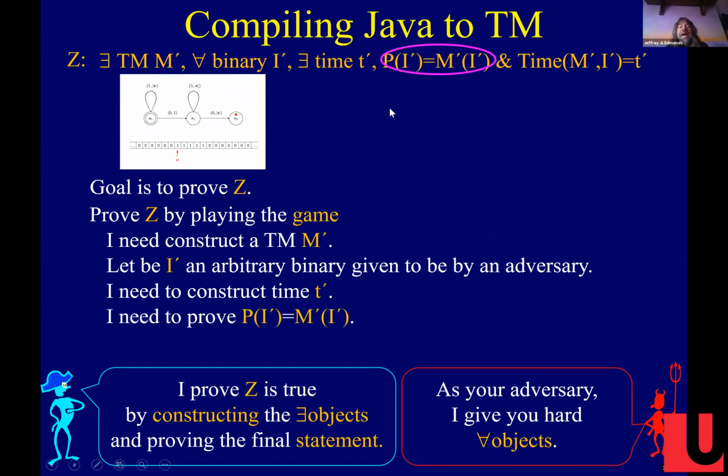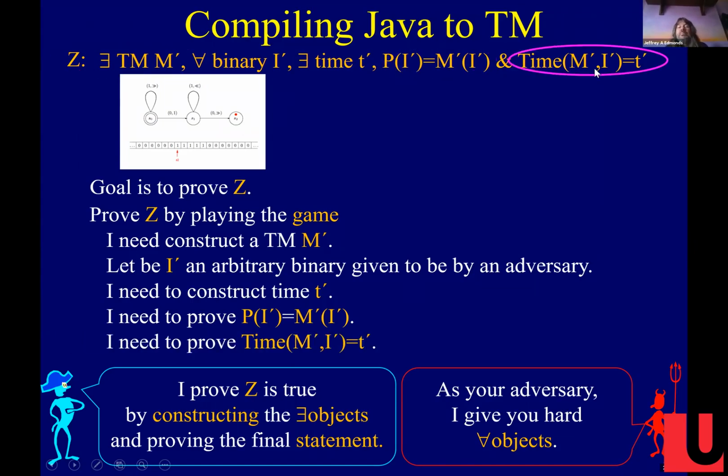And then we have to prove that the answer our Turing machine gives on this input is the required answer for the problem. And we have to prove that the running time of this Turing machine on this input is, in fact, the running time that we claimed it is. Right? So everybody get this game? This is what we have to do. We have to do these things, right?